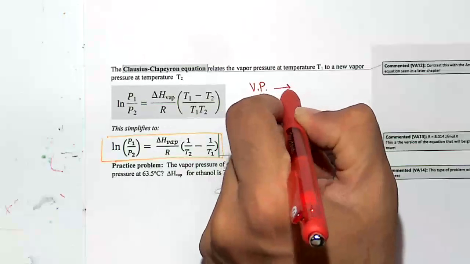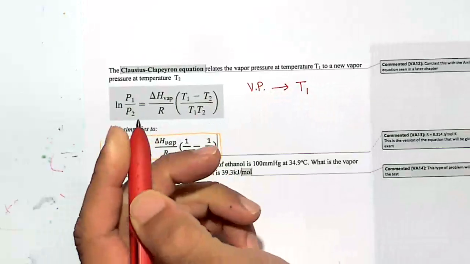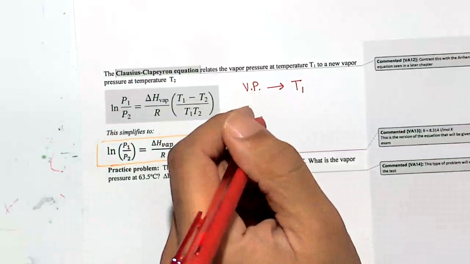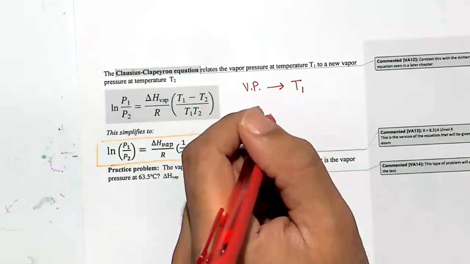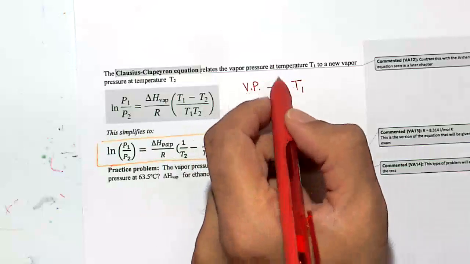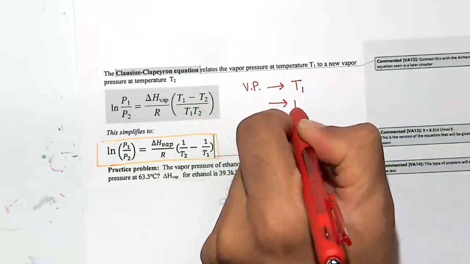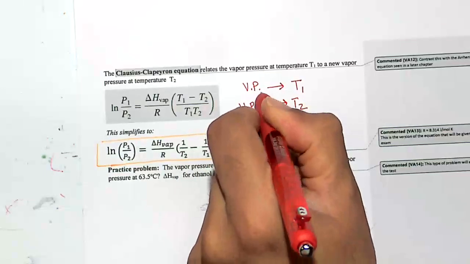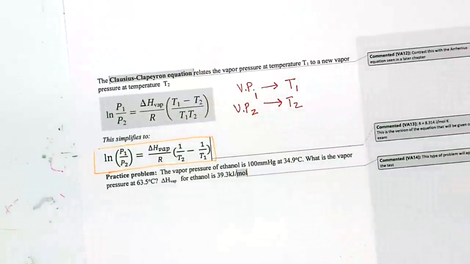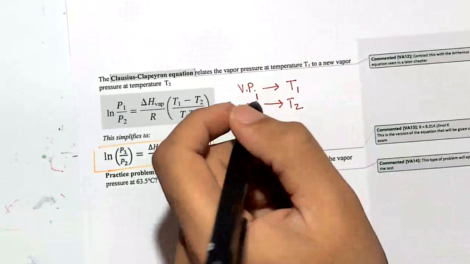So let's say you have a vapor pressure at T1, temperature T1. Let's say we're going to change the temperature, either increase or decrease it. If we increase or decrease it to T2, we will get a new vapor pressure 2. That's just what it is.